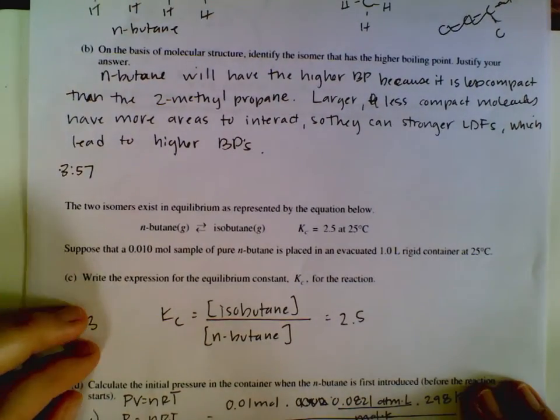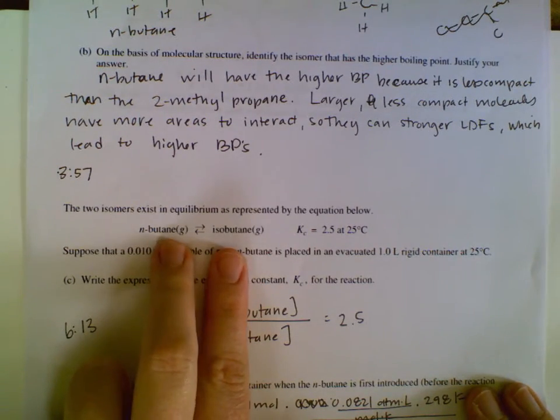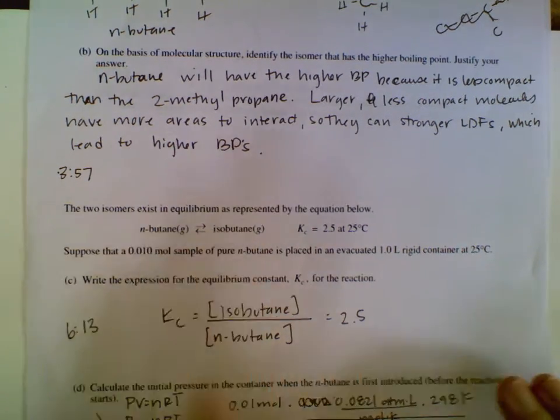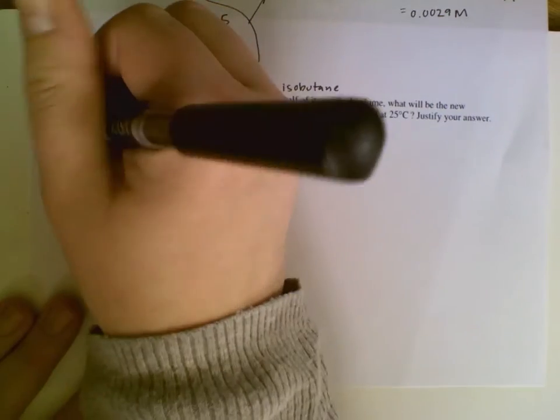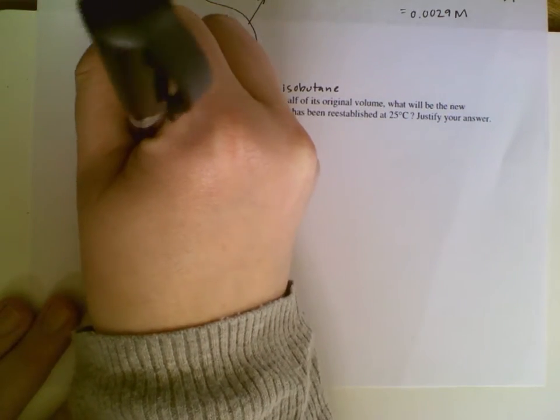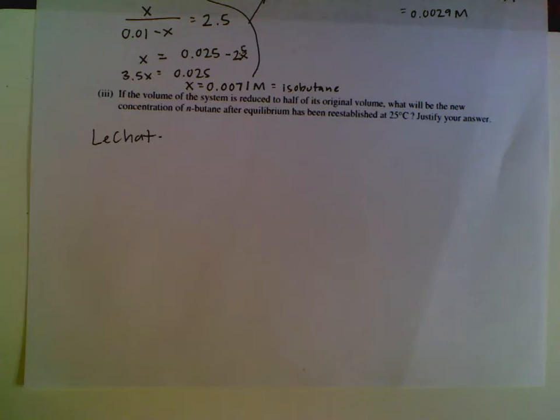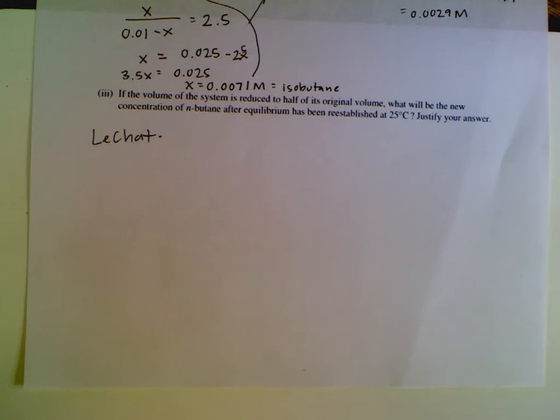If we go back to our original equation here, we have a 1-to-1 mole ratio, which, if you think about Le Chatelier's principle, talks about how your systems react to stress at equilibrium.